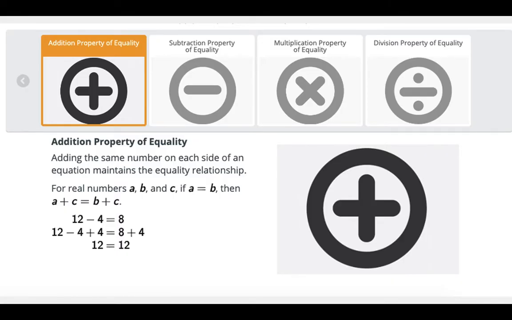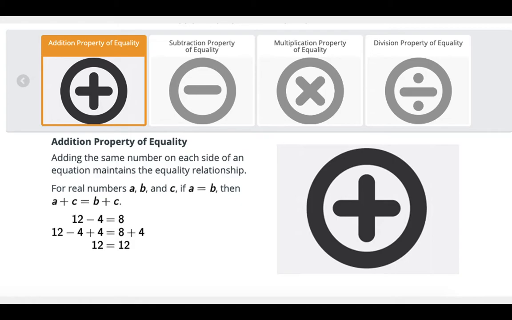Before we start, I do want to review your properties of equality, because you are going to be using these properties again throughout this chapter and throughout high school math. Addition property of equality: you're adding the numbers on both sides of the equation to make your equations equal.